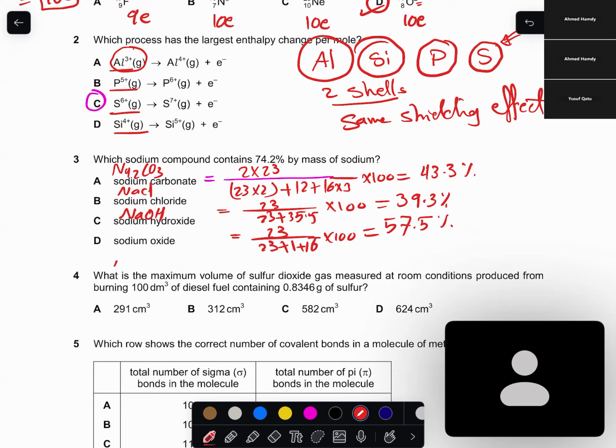And in the last one, sodium oxide, Na2O, so it will be 23 times 2 over 23 times 2 plus 16 times 100 equals 74.2%. So the answer is D, which is 74.2%.